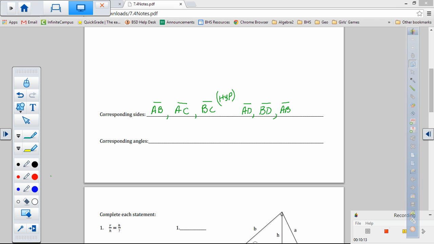Okay? And then the third corresponding sides are the sides that were between 2 marks and the right angle. So we have BD, and in the medium triangle, between 2 bars and the right angle was DC. And in the large triangle, between 2 bars and the right angle was BC.